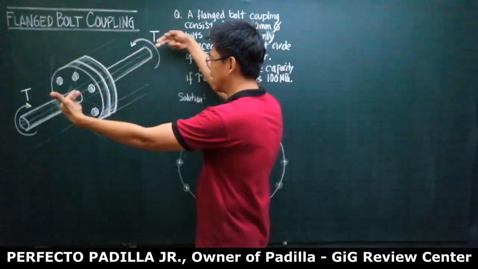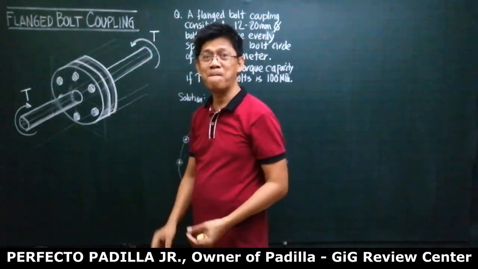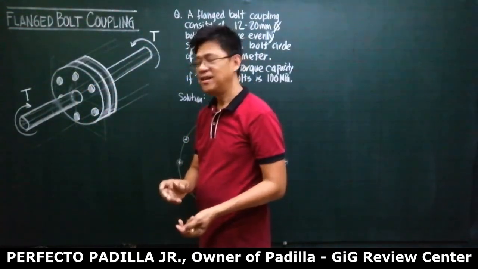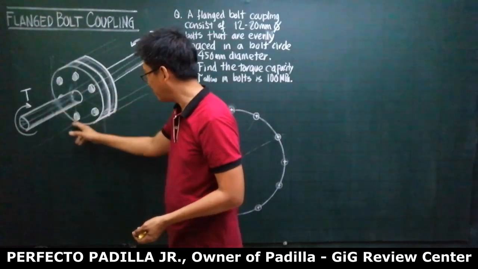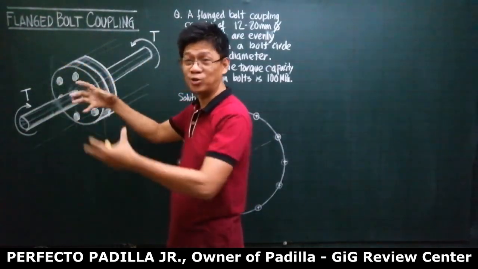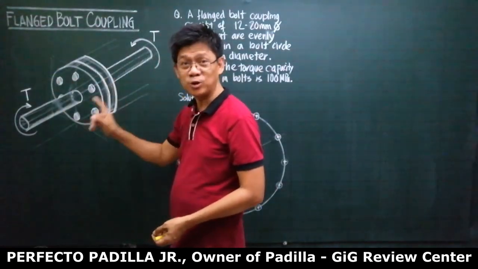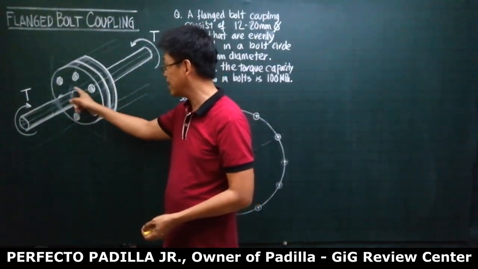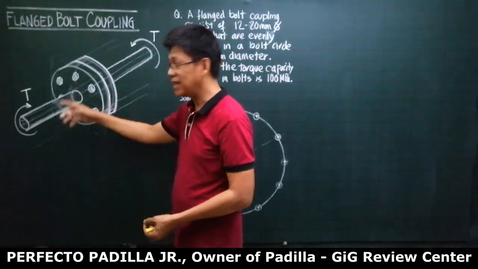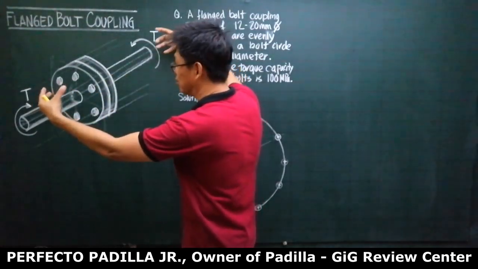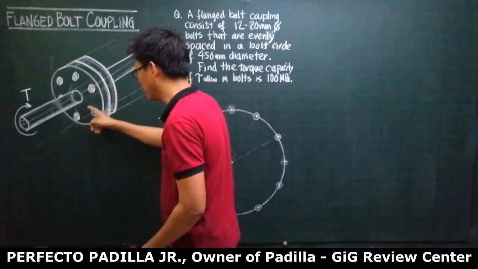When two rods are to be connected mechanically, then we use a flange in order to connect them. So this flange will either be bolted or welded to the rod. Then the two rods with the flange will be bolted together.